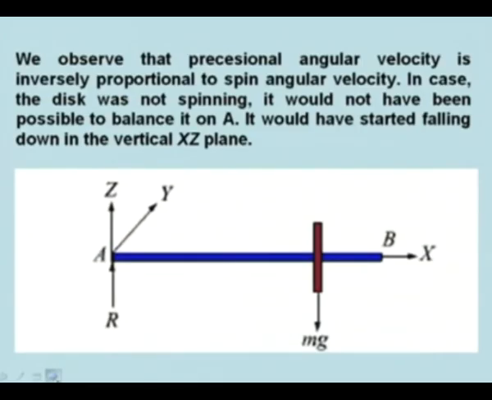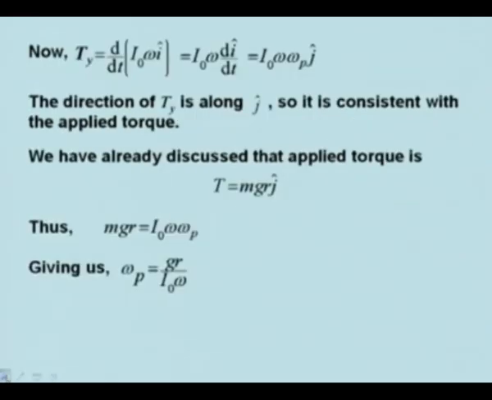In case the disk was not spinning, it would not have been possible to balance it on A. It would have started falling down in the vertical xz plane. Because if you see that equation, theoretically if omega is equal to 0, omega p becomes infinite. It cannot be infinite.